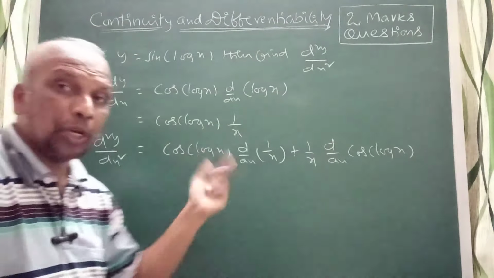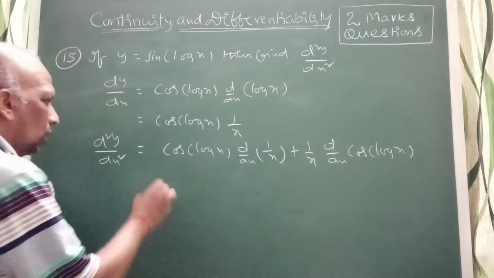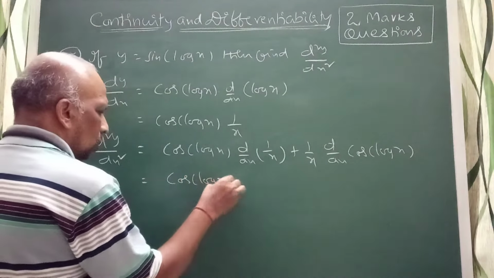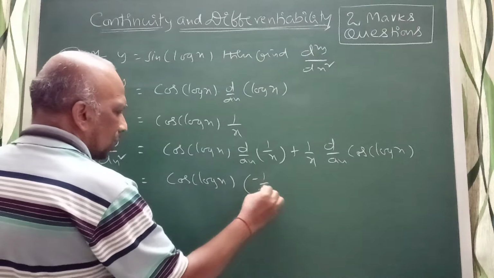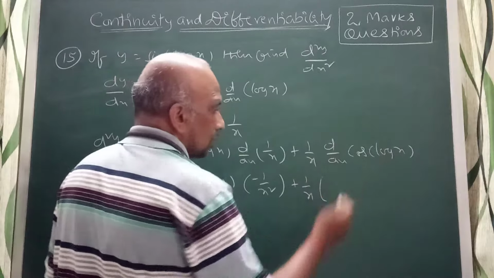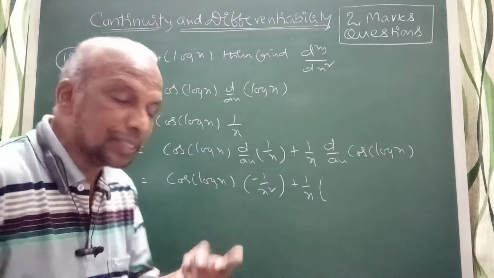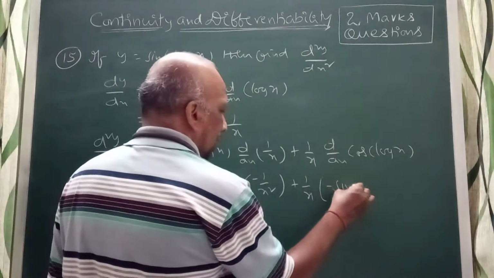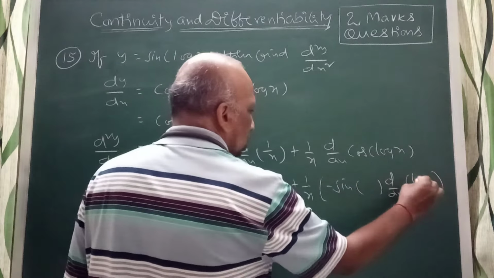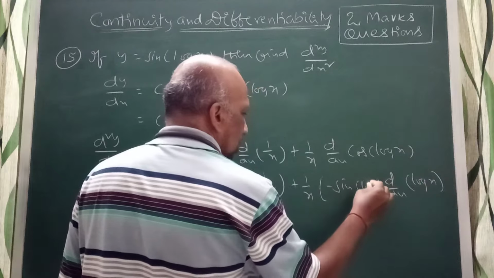Now cos of log x into derivative of 1 by x, which is minus 1 by x square, plus 1 by x into derivative of cos x. Derivative of cos x is minus sin x. So I can write minus sin of log x into d by dx of log x.